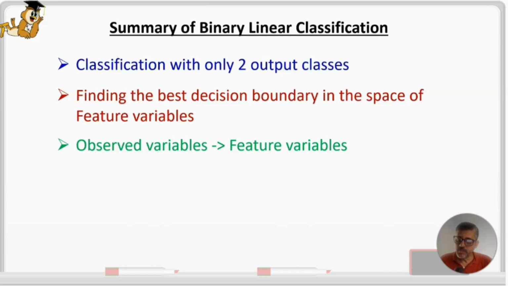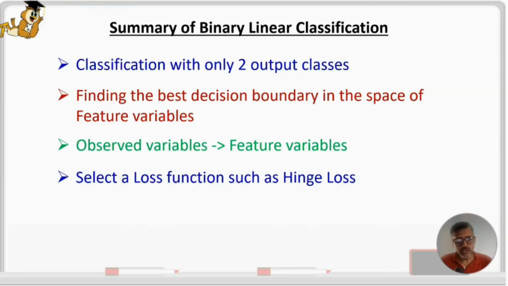You may begin with certain observed variables, and you may have to move to different feature variables in order to satisfy the requirements of the binary linear classification problem: linearity, normality, independence, etc., right? So do not use your raw observed variables as your feature variables. You may have to make that transition.